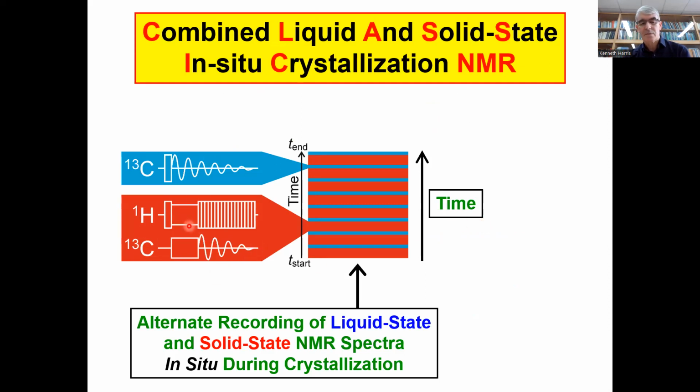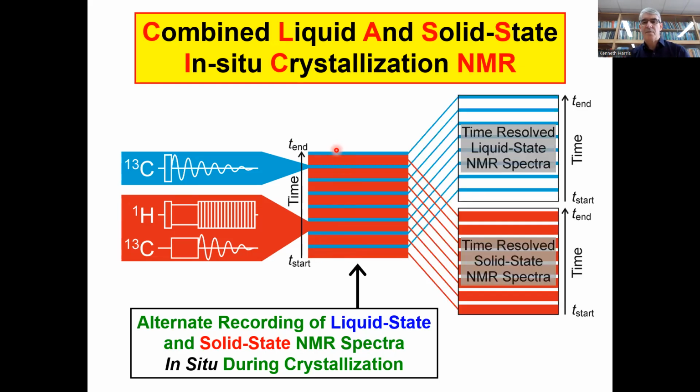The way we set up the experiment is as follows: two different pulse sequences. The one in red, for example, selective to only detect the solid phase, and another pulse sequence, shown in blue, selective to detect the liquid NMR spectrum. And during the crystallization experiment, we simply alternate the measurement of the solid state and liquid state NMR spectra, alternate between the red and the blue pulse sequences, as shown there.